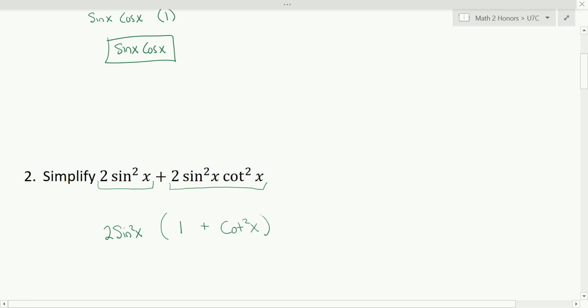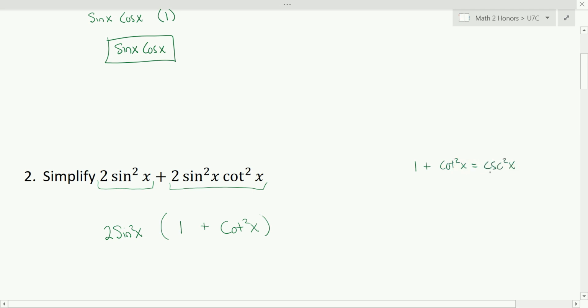Okay. So then we're thinking, okay, we got that cotangent squared. When you see the squared, you should be thinking through, do we know a trig identity or a Pythagorean identity that works with this? And we do. What's it equal to? Cosecant squared x. And so that's one of the things we memorize, that 1 plus cotangent squared x is equal to cosecant squared x.